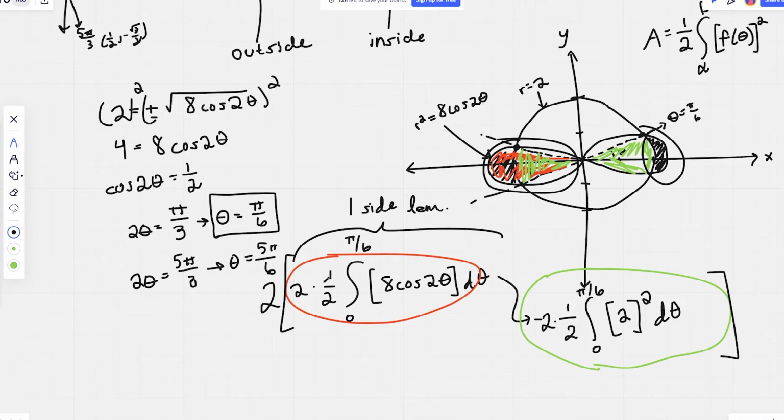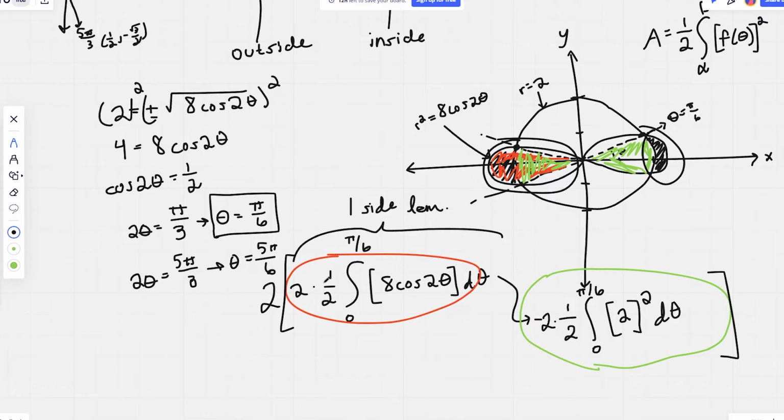So I'm going to use my TI-84 calculator, and we're going to get 2, and then in parentheses we're going to do 4/3 for the integral from 0 to pi divided by 6 of 8 times cosine 2 theta.